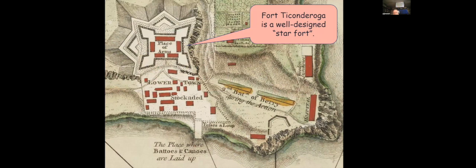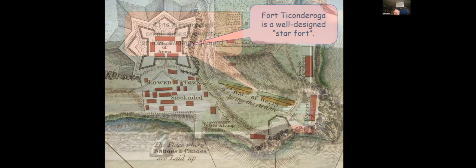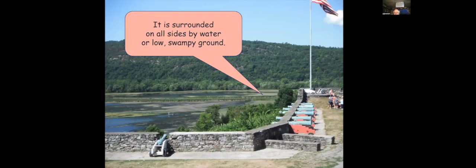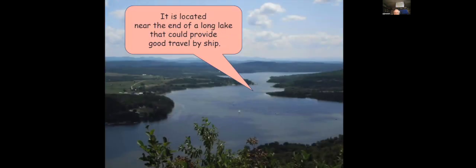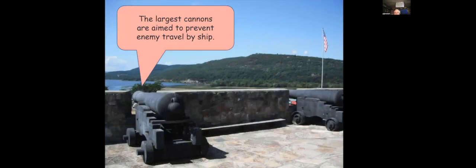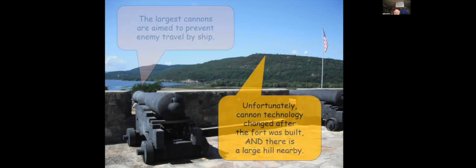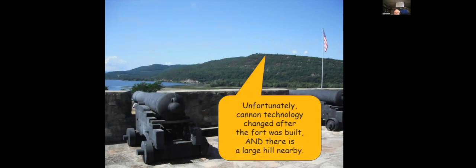Now, this is an extremely well-designed star fort, surrounded on all sides by a swamp that made it very hard to attack, located at the end of a long lake where the cannons that were there would control whether any ship could arrive by that lake. The problem is, cannon technology had evolved a little bit between 1750 and 1775.